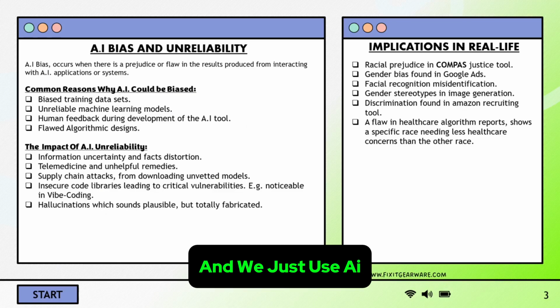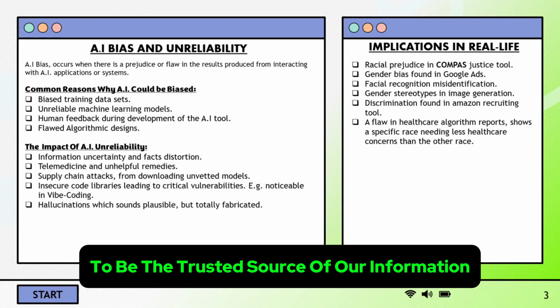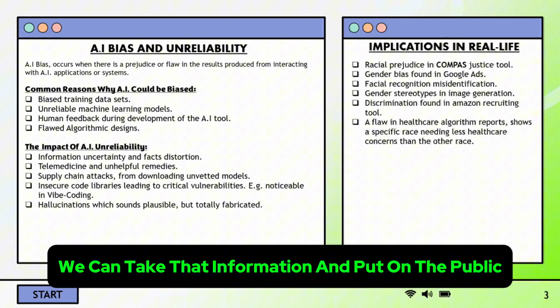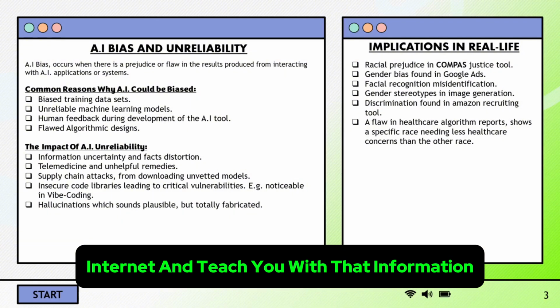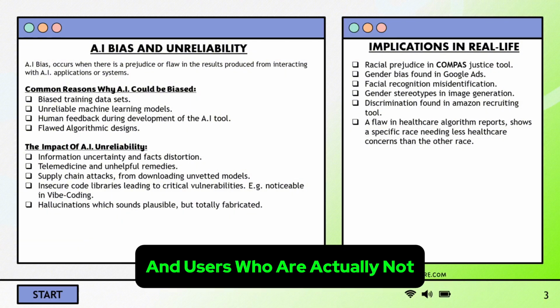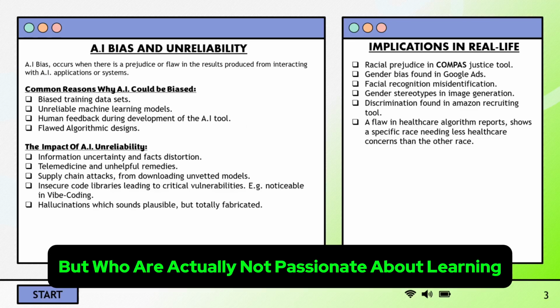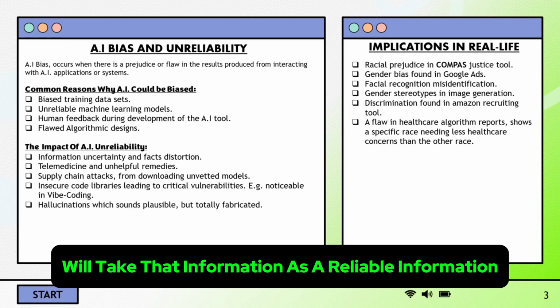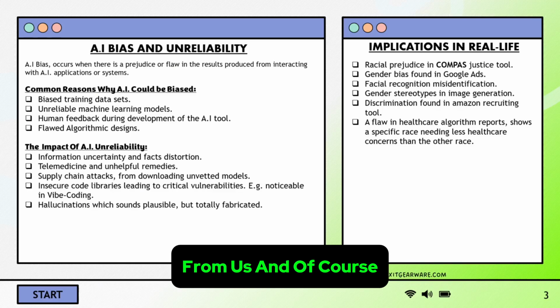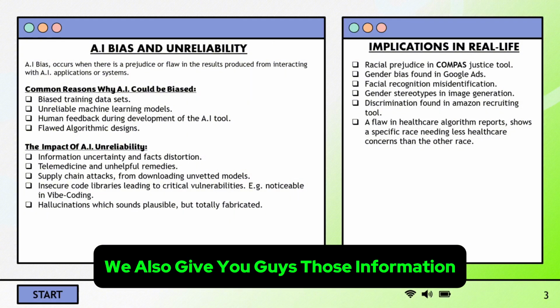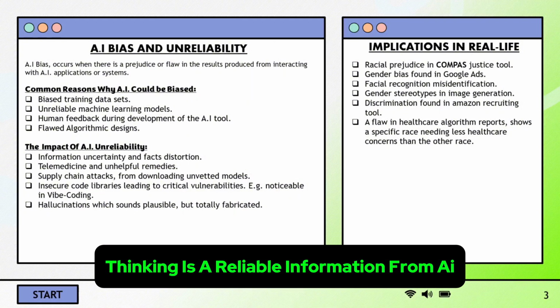And we just use AI to be the trusted source of our information. That means we can take that information and put it on the public internet and teach you with that information. And users who are actually not, I won't use the word lazy, but who are actually not passionate about learning will take that information as reliable information from us. And of course, we also give you guys that information, thinking it's reliable information from AI.